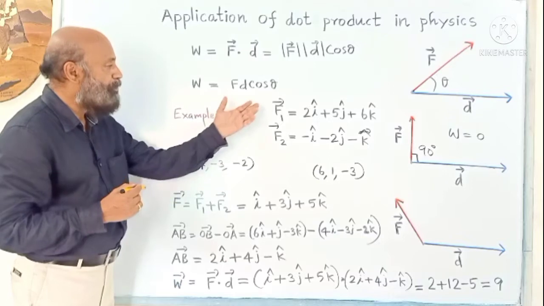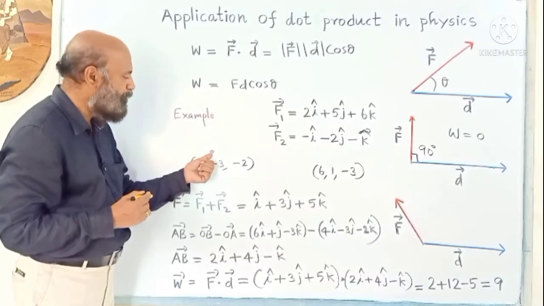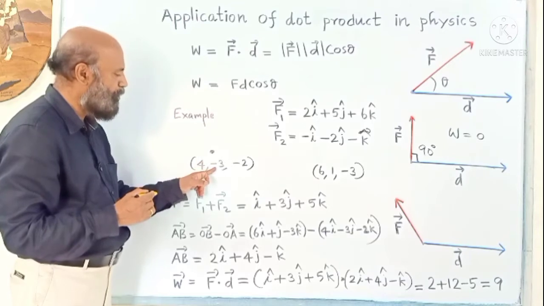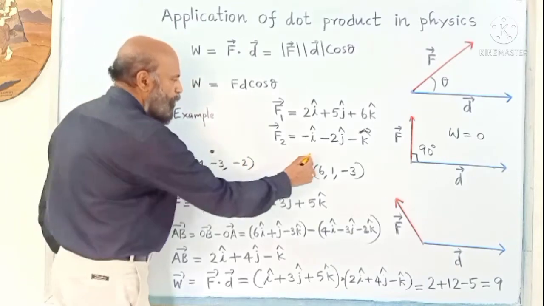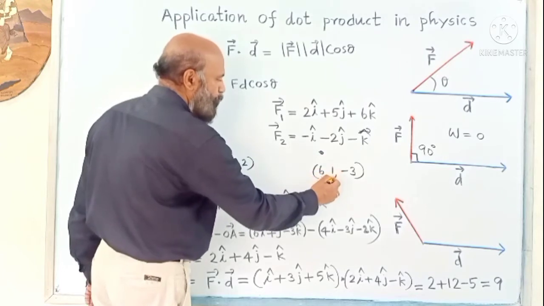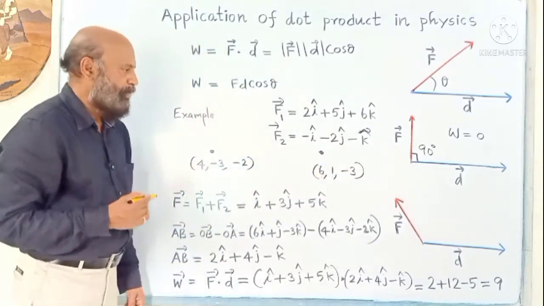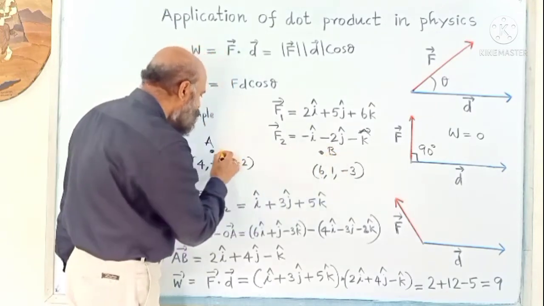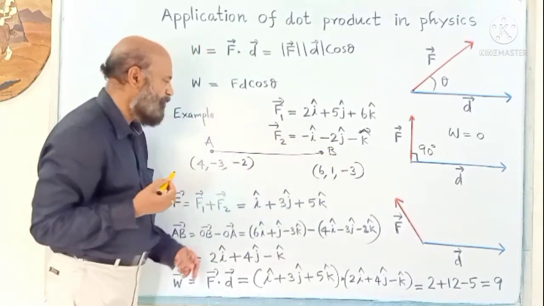Then because of the forces, the particle is displaced from the position 4, minus 3, minus 2 to another position whose coordinate is 6, 1, minus 3. Let this be A and this be B. So this is the displacement vector, AB vector.